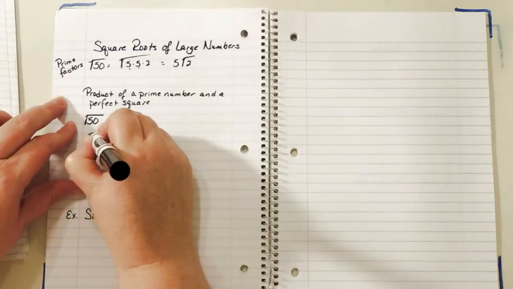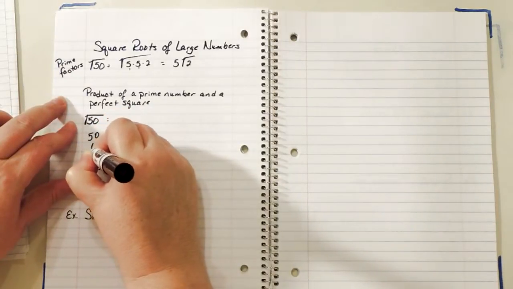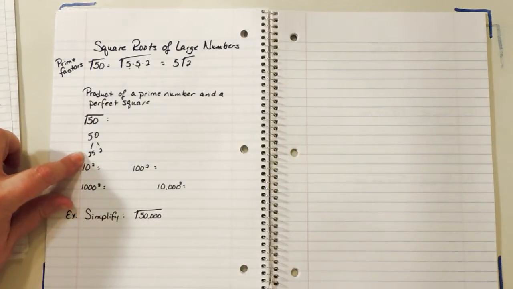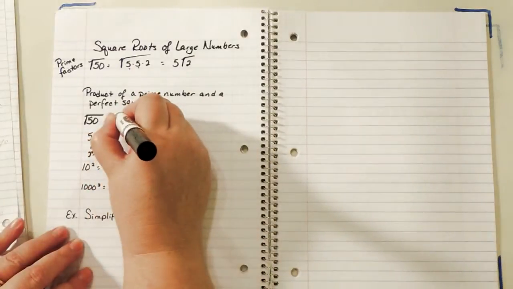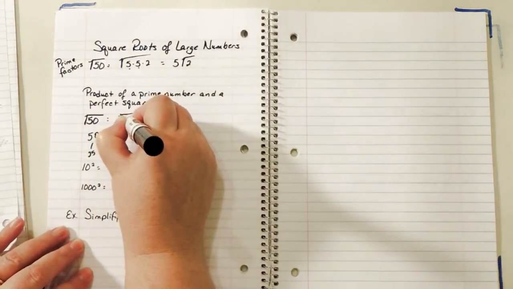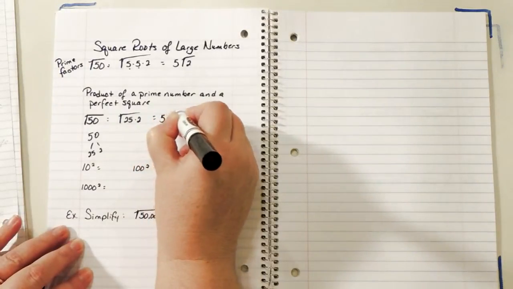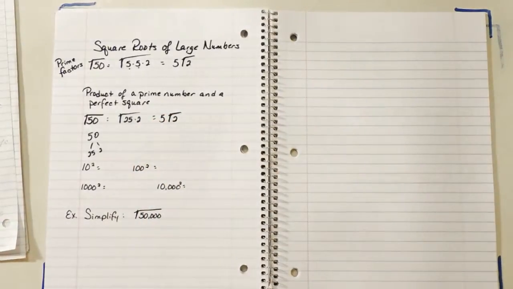So 50 is 25 times 2, and 25 is 5 squared, right? So if you can do 25 times 2, that's also going to equal 5 times the square root of 2.